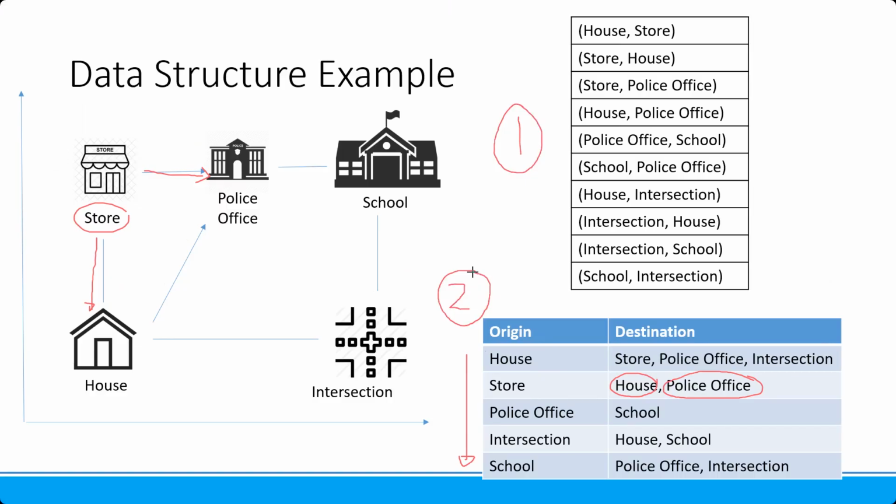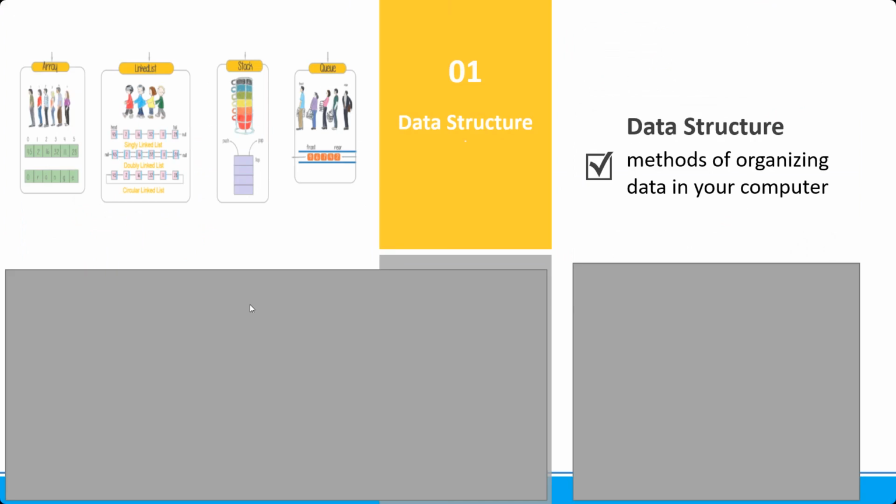It is not easy to analyze now because the data is too small. So we will learn during one semester what is the best way to do this kind of problem. So that's the data structure.